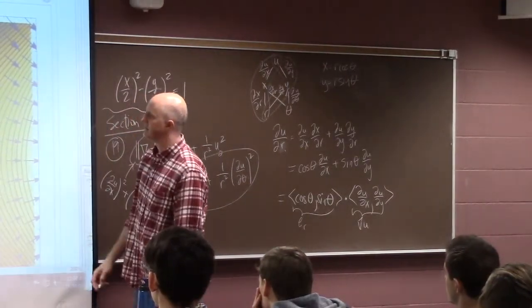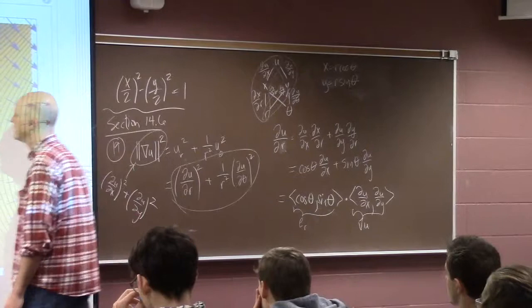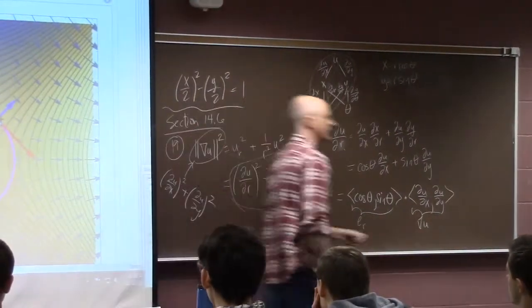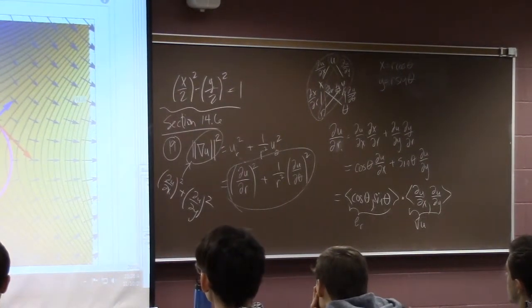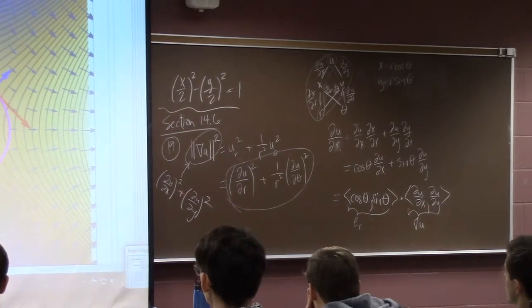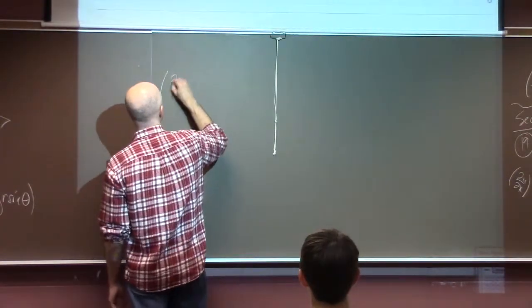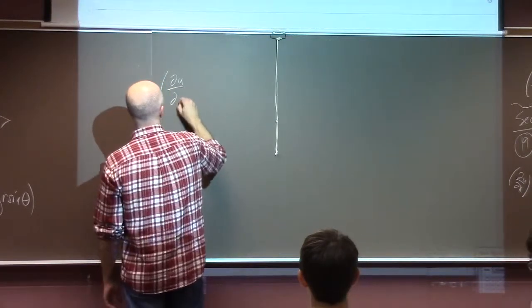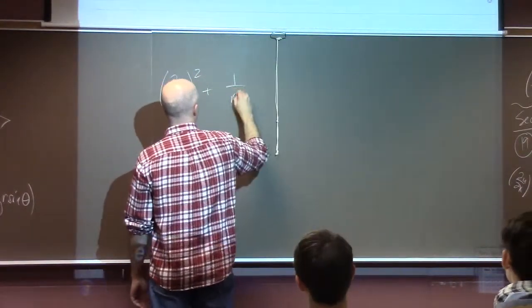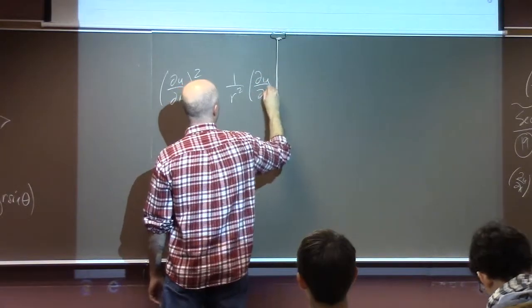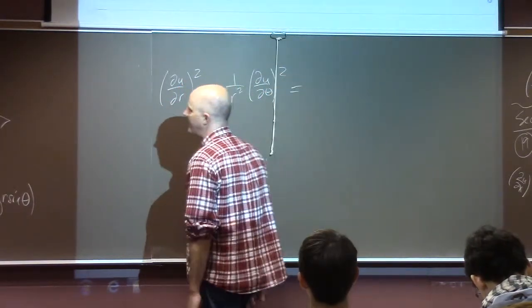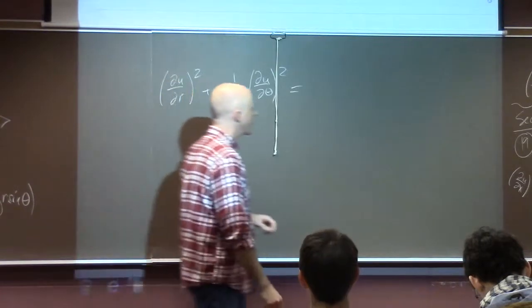I'm not going to derive it fully, but just give you an indication of what to do. Maybe I'll put it behind the screen here. The algebra is pretty messy, but it's not the worst kind of algebra you've ever done. Because of the chain rule, du dr squared plus 1 over r squared du d theta squared, by the equations we already derived here.